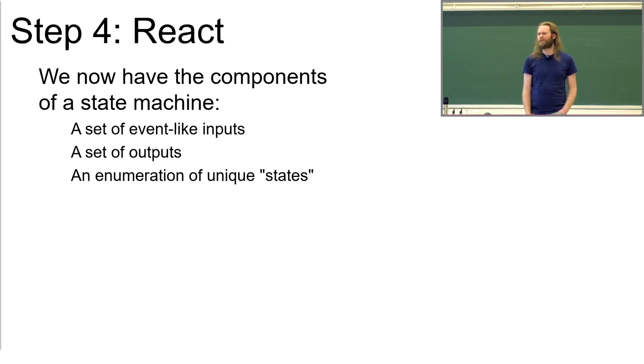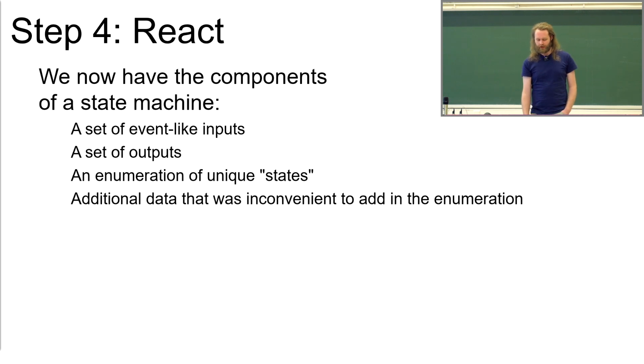And I put states in quotation marks here because state can mean the current value of some amount of data, or it could mean the finite state machine state. Now that term is overloaded and we have some issues there. So that's going to be a problem. And then we have some additional data that was inconvenient to add to that enumeration. So in this case, it would be floor, direction, the table of orders. And anything more? No, nothing more.